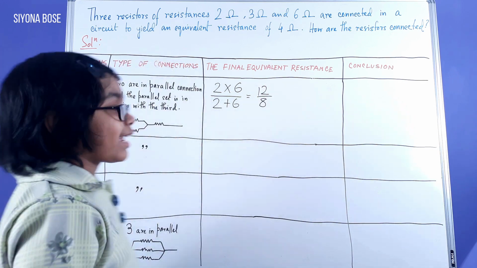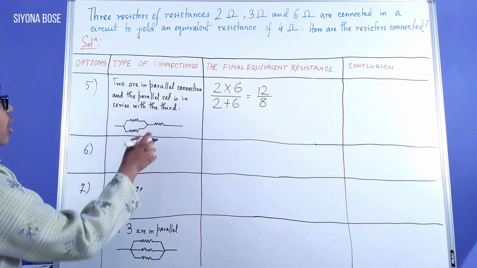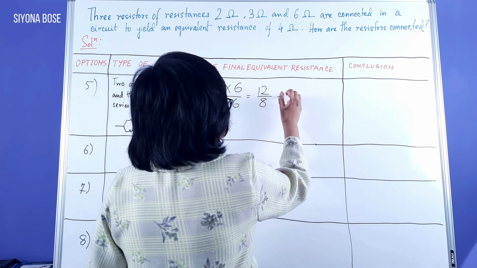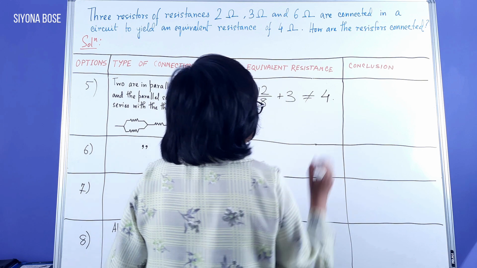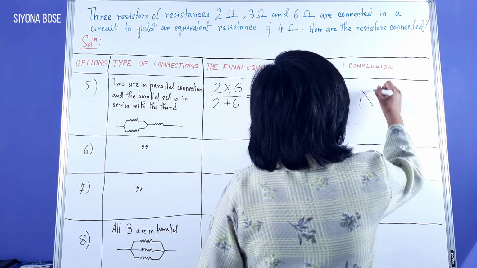We get 12 by 8 as the equivalent resistance of this parallel set. Plus, we have taken 2 and 6, so the other one is 3. 12 by 8 plus 3 is never going to be equal to 4. So this cannot be our possibility, and we put a big no.